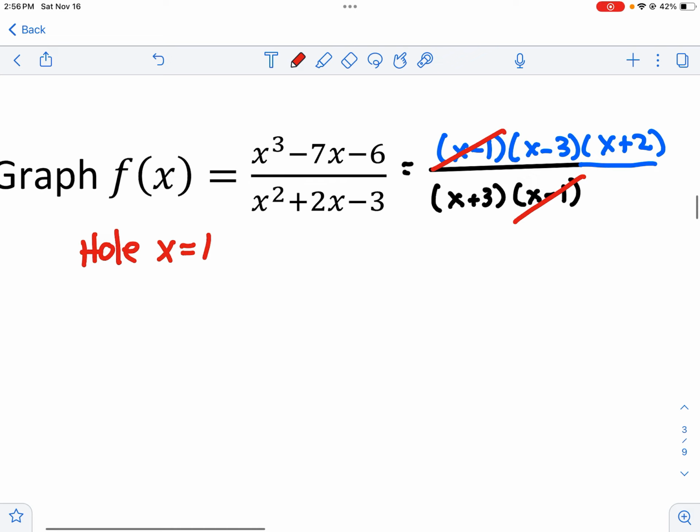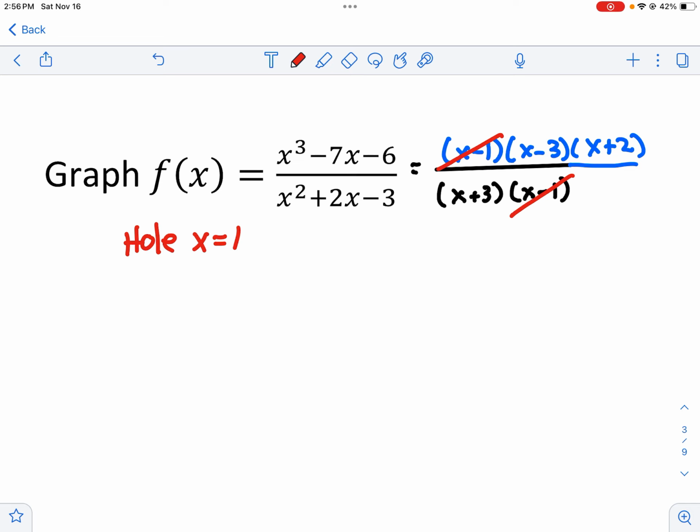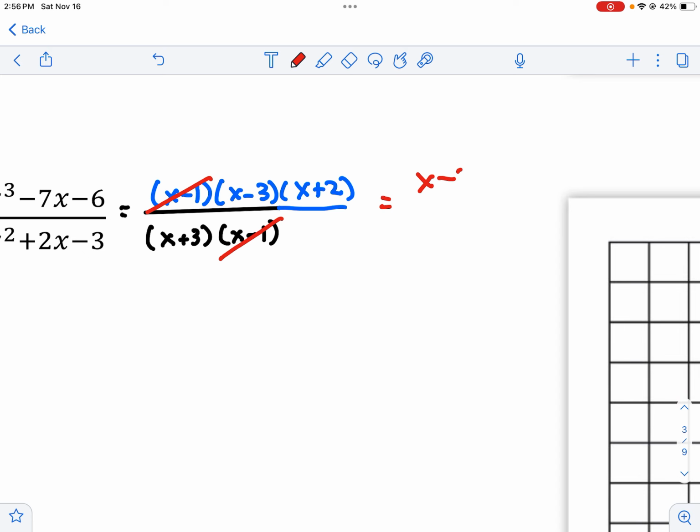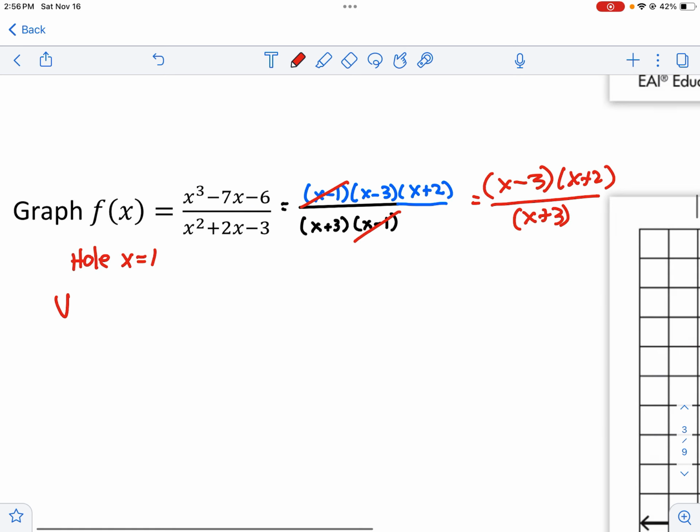So then I have left over x minus 3, x plus 2, x plus 3. So then I have a vertical asymptote, x equals negative 3. Again, I'm using the bottom. Horizontal asymptote, well, the power on the top is x squared.